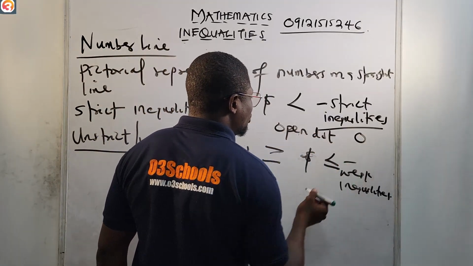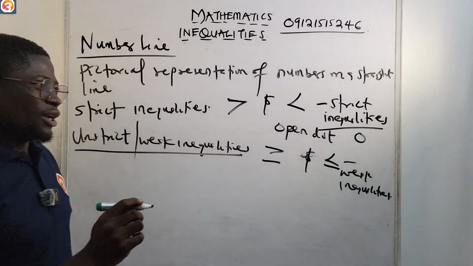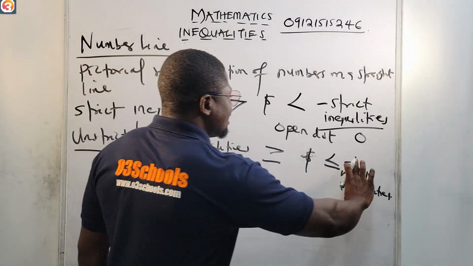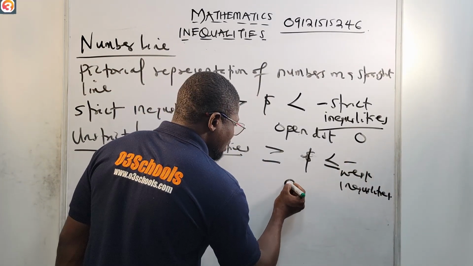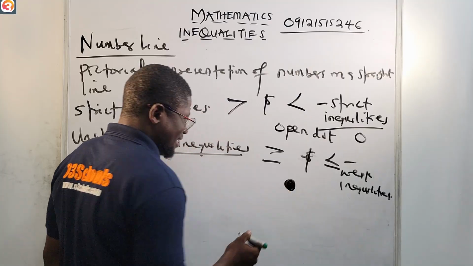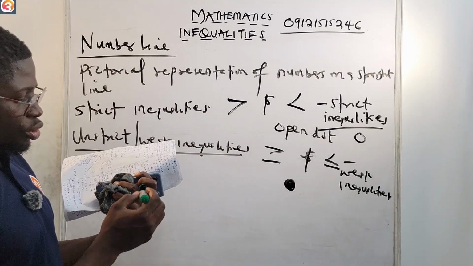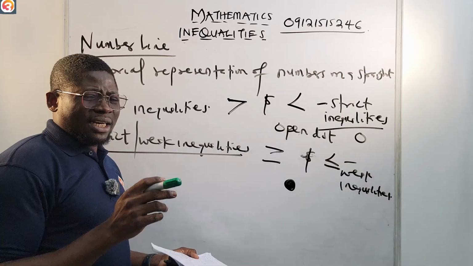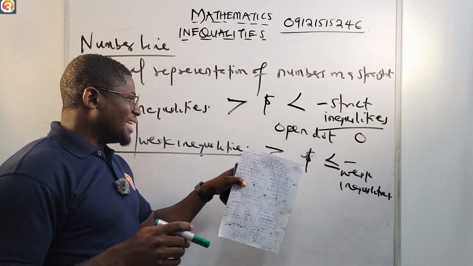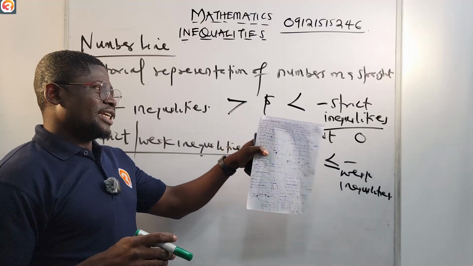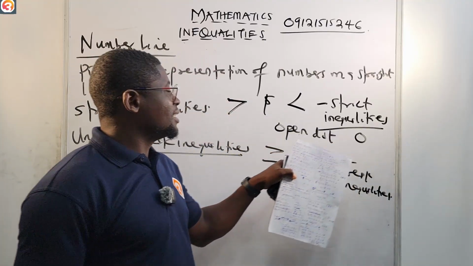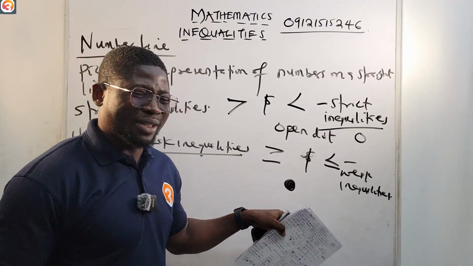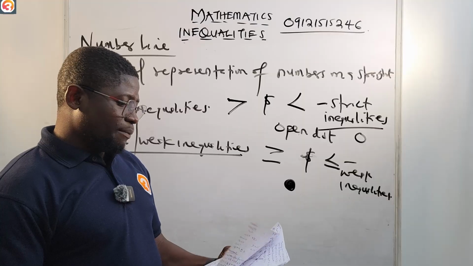We represent inequality on the number line with an open dot. But if the inequality is weak, it is represented with a closed dot like this, a very thick dot. So if the inequality is strict, I'm going to have an open dot. If it is a weak inequality, I'm going to use a thick dot. Let us see examples.